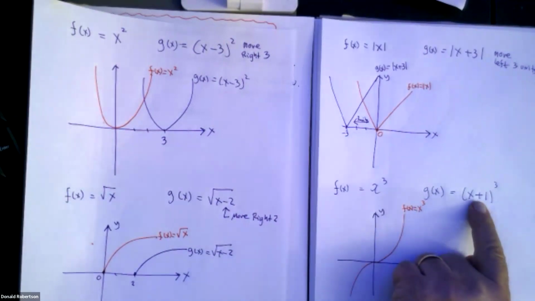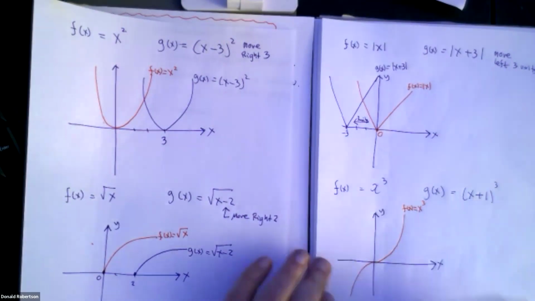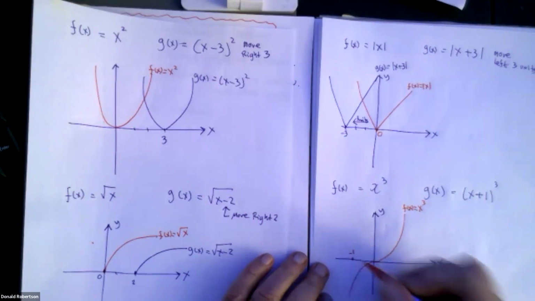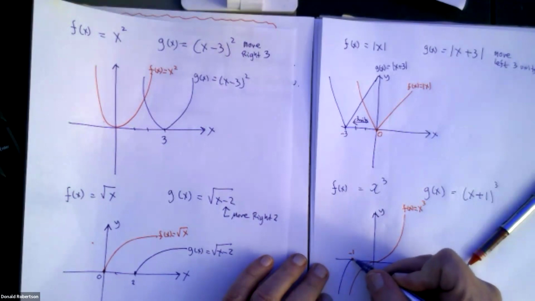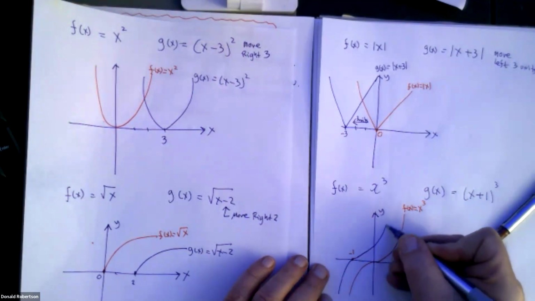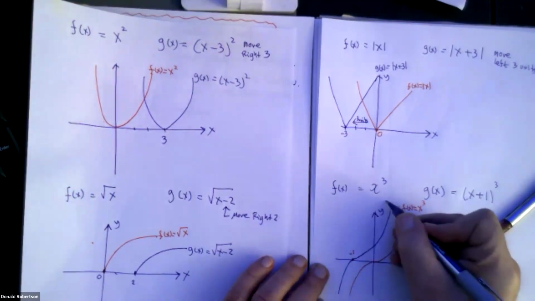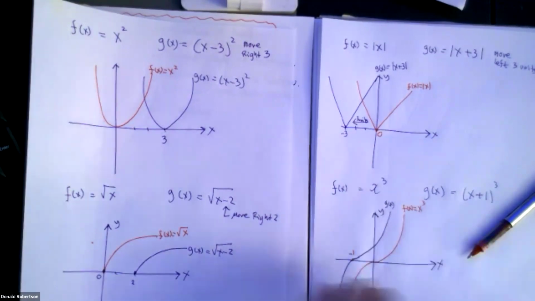And this guy is moved to the left 1. It'll be here. And basically, you try your best. There you go, it's not too bad. That's what g of x would look like.